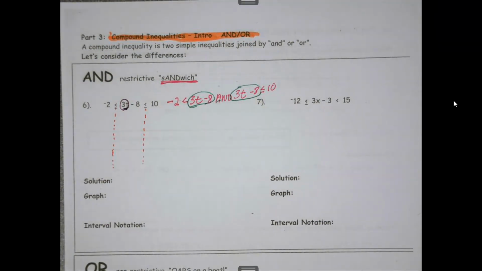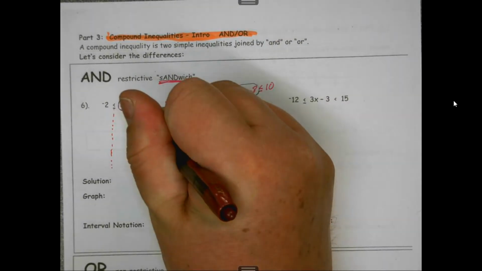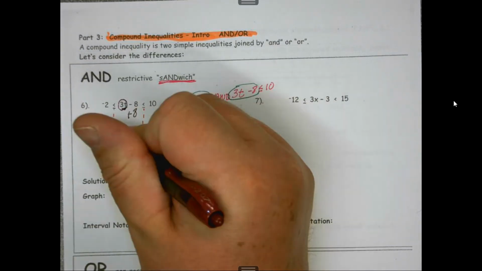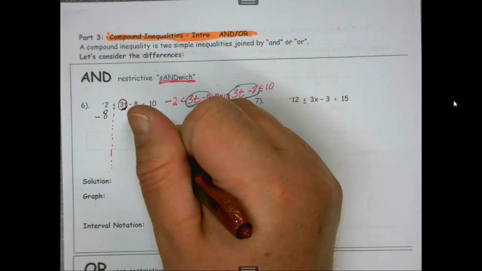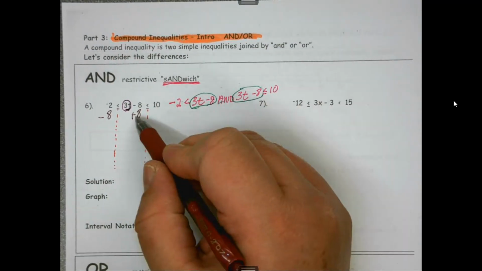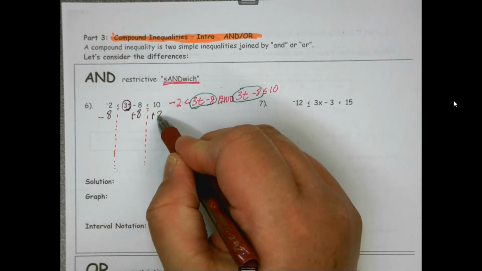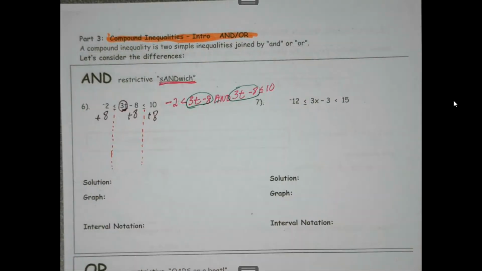Whatever I do to one side of the inequality, I have to do to the other side. So I'm going to add 8 over here. And don't forget, I'm working with two of them. So if I add 8 to this, I have to add 8 to this inequality also. So I've got negative 2 plus 8 is positive 6.